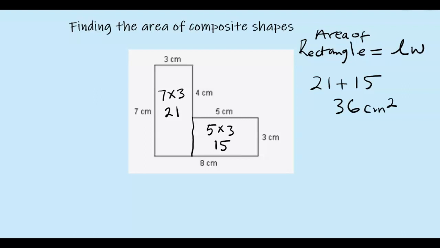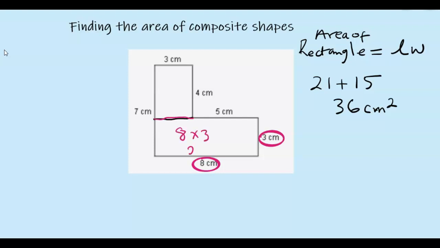Area is 2 dimensions, so it's centimeters squared. All right, somebody might have cut it from this direction here, so let's see what is going to happen if you cut it this way. In the same way, if you cut it in this direction, your length is going to be 8 and your width is going to be 3, which makes it 8 times 3, which is 24.